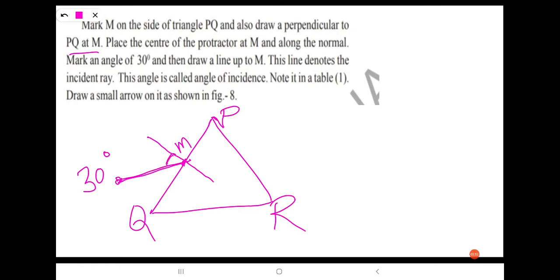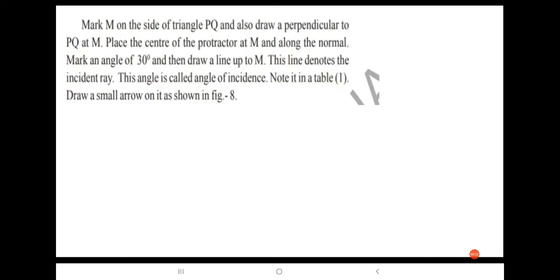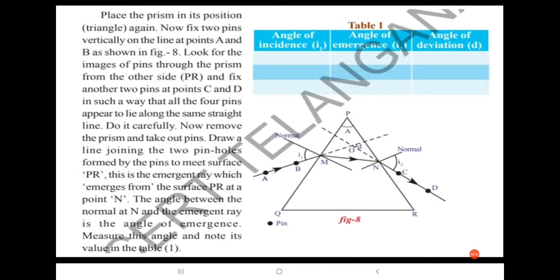Here, angle of incidence. Now we have to note it in table 1 and draw a small arrow on it. Okay, so like this. So you can see here, this is the PQR triangle, and here at the point M we have the normal, and here we are taking a 30 degree ray, that is the incident ray.